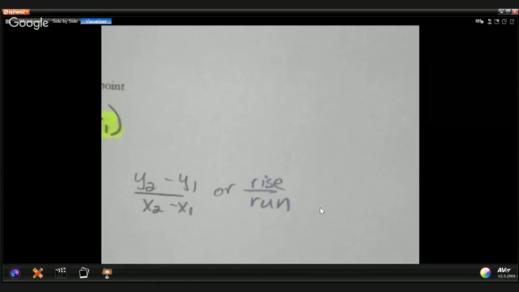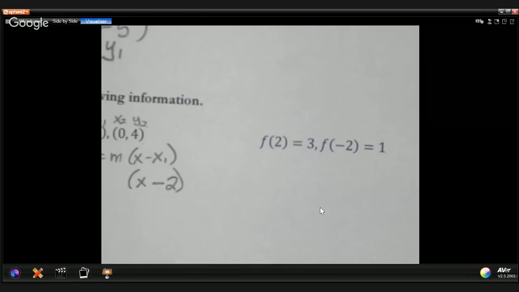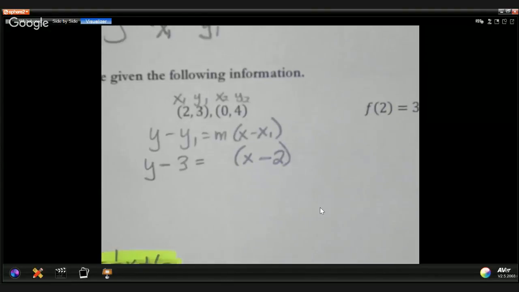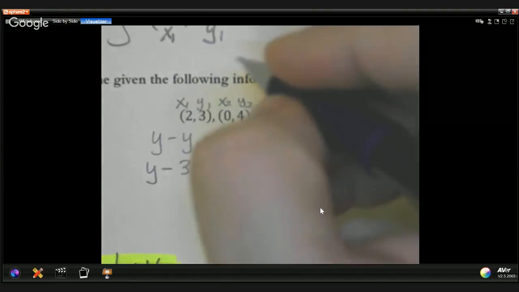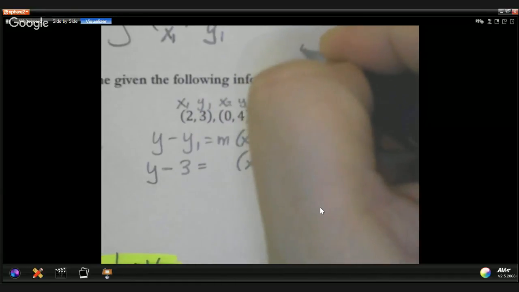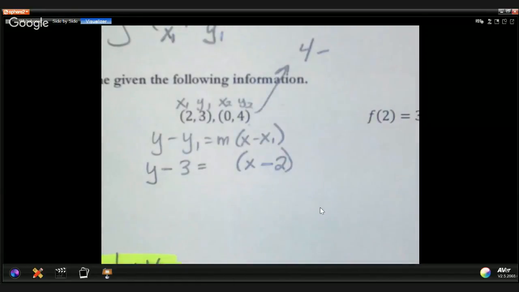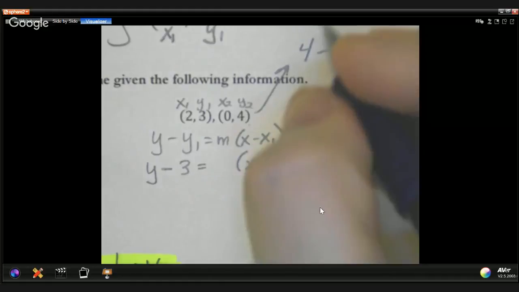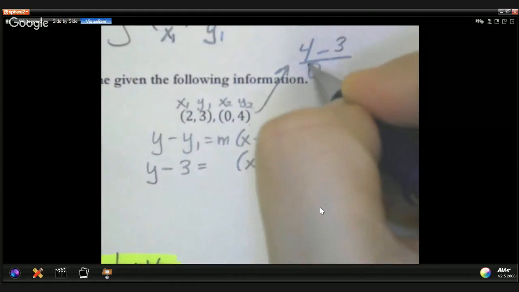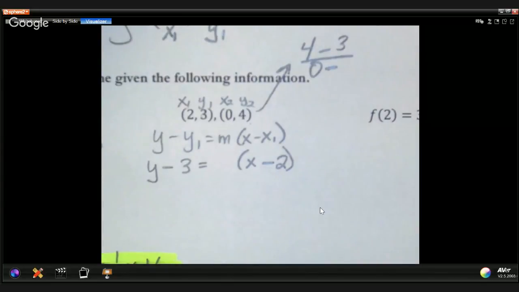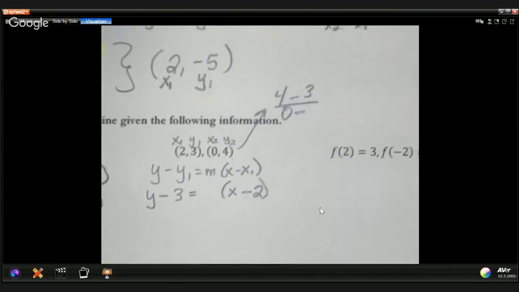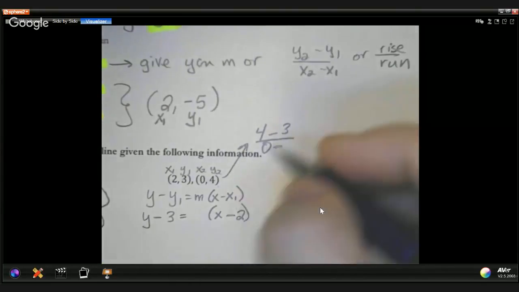Well, I don't have a graph here, so I'm going to have to use my slope formula. So it'll be 4 minus my y1, which is 3, over x2, 0, minus x1, which is 2. And I'm just using this formula here.